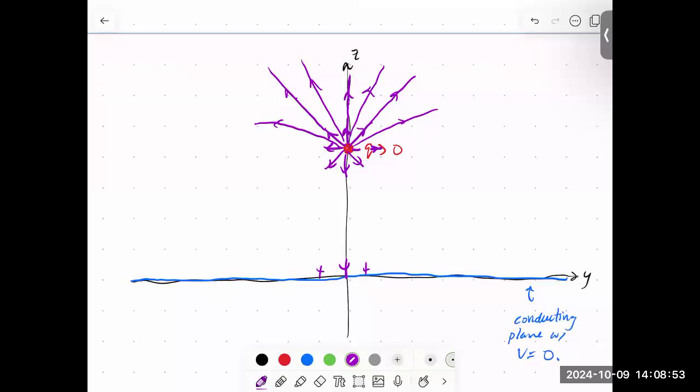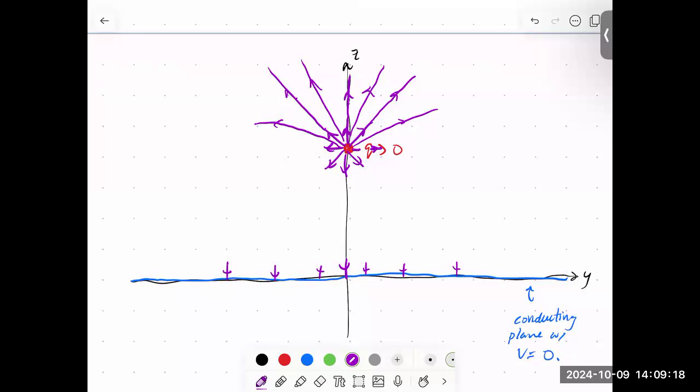Now, would you expect the electric field to be stronger near the center of this plane or off to the sides? It's near the center, okay? So that means that these electric field lines have to spread out as we move further away from the z-axis. I mean, it's going to look something like that.